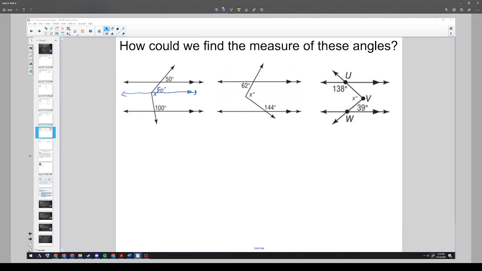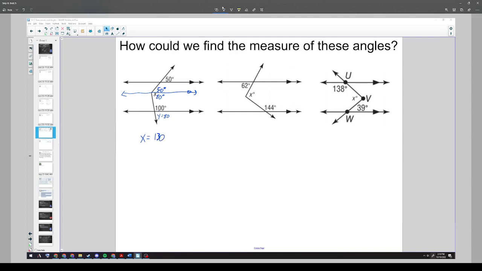So we have 50 degrees there. And then here, the other half of x is a corresponding angle to this one that I'll label y. Well, since these are a linear pair, I know that this is 80 degrees. So I have my two halves of x are 50 degrees and 80 degrees, so x equals 130.